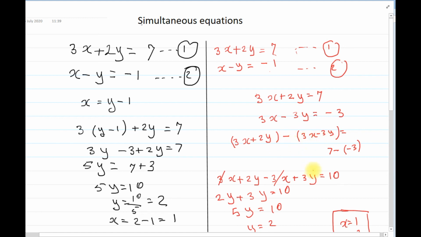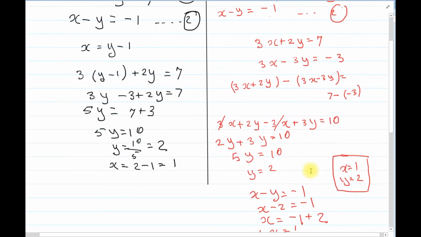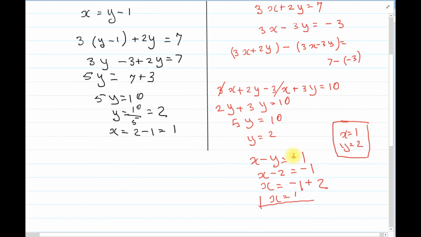With a bit of algebra, we arrive at an equation in one variable, y. So we find y is equal to 2. And when we have y, we can substitute this in any of the original equations to find the value for x.